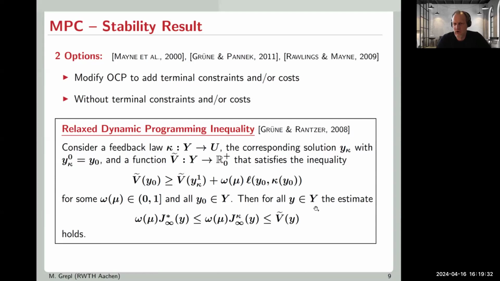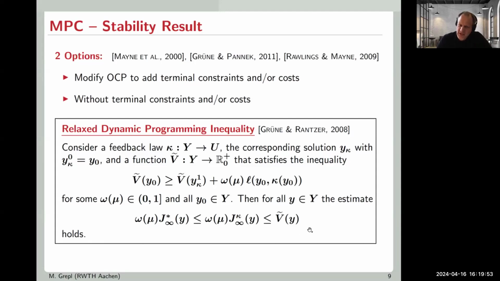Then we know that for all y, the following estimate holds. The idea is basically to use our finite horizon optimal value function as a Lyapunov function of the system, which then allows you to show stability of the MPC feedback approach.